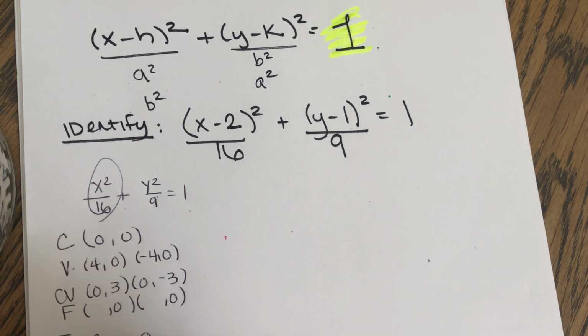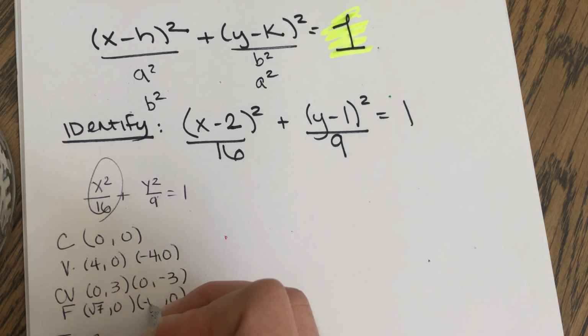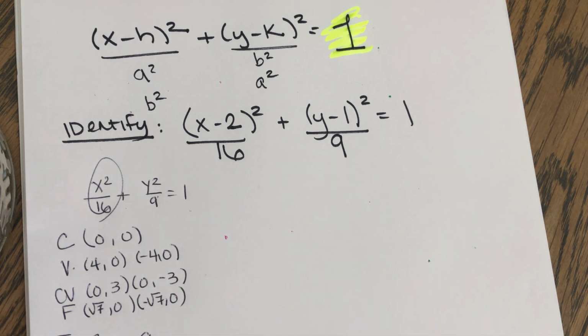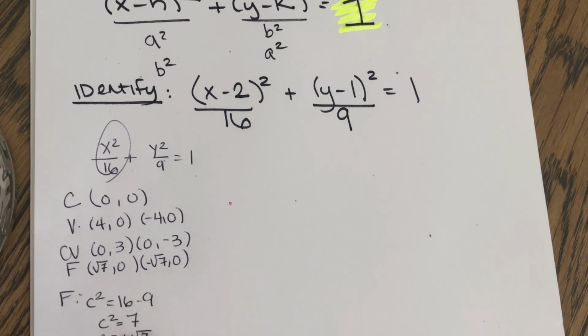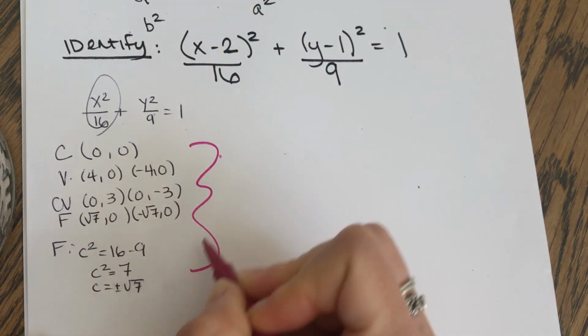I messed that up. So C squared is going to equal 7. So C is plus or minus radical 7. Okay, now, just like we did for your parabola. Oh, you guys couldn't see any of that. Sorry. Getting tired. Now we're applying our shift.